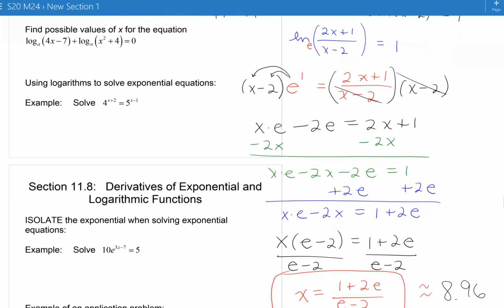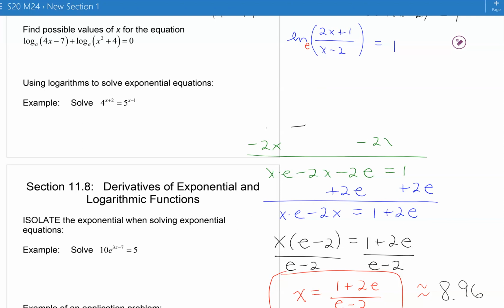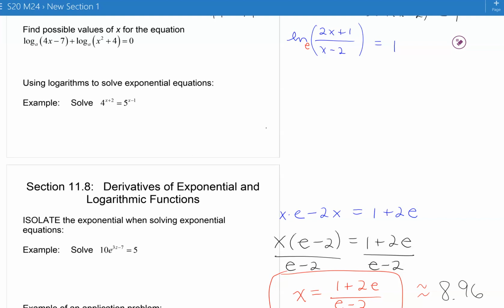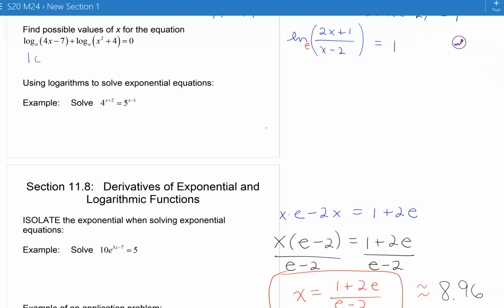Okay, so let's look at another example. So the strategy is going to be to combine the logarithms into a single logarithm. And here we have the product property of logarithms. And we have a base of a.